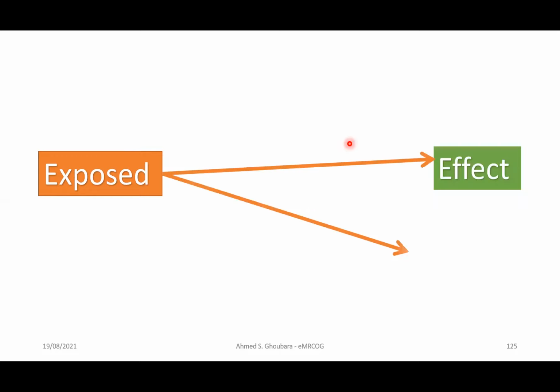So you suppose here that gender or sex is an exposure, okay? Then you follow up those ladies over time, okay? You end with effect and no effect, like breast cancer. Suppose that you need to know the incidence of breast cancer among ladies, okay?